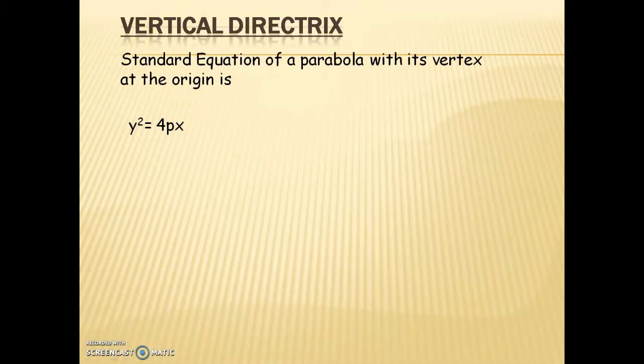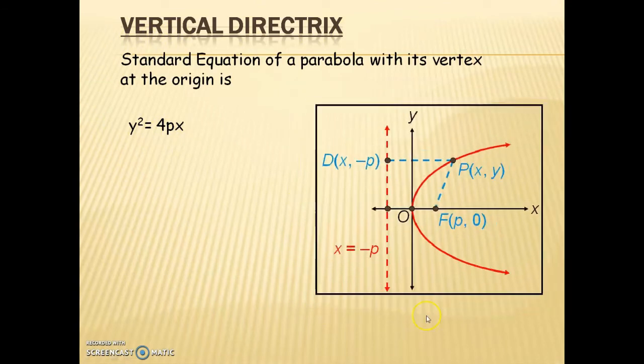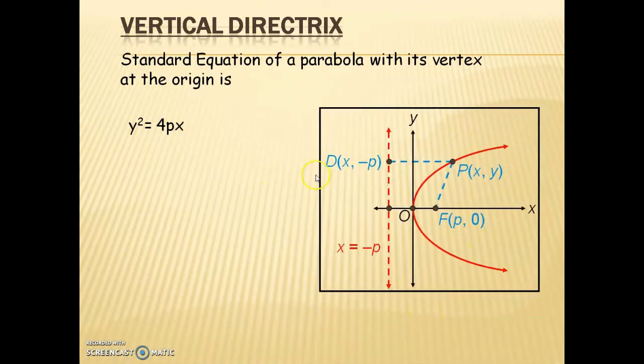But in vertical directrix, it becomes y squared instead of x squared and 4px instead of 4py. An example of that is this graph. This parabola opens to the right.